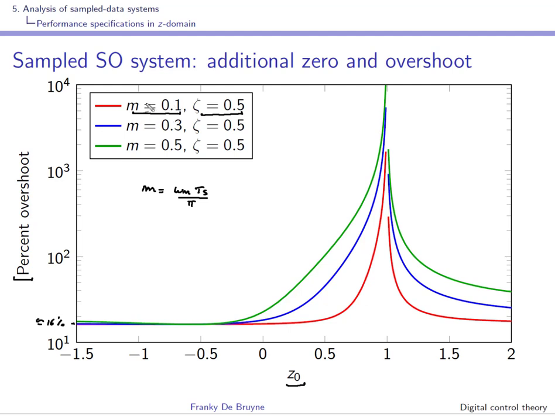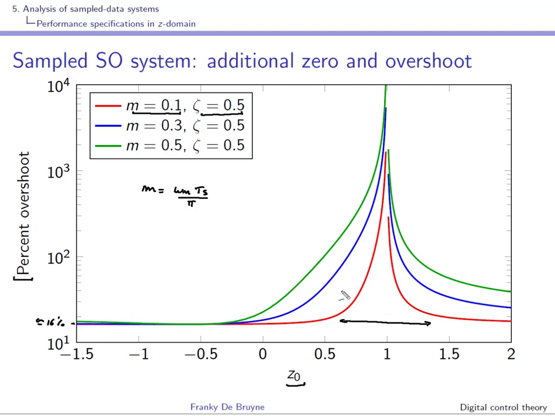So this would correspond to a small Ts, and then we'll see the influence of an increasing Ts. So let us consider this case first, and as we had seen, if you stay outside this region here, the influence of the zero is rather small. But if you approach 1 with the zero, then the effect on the percentage overshoot can be quite dramatic.